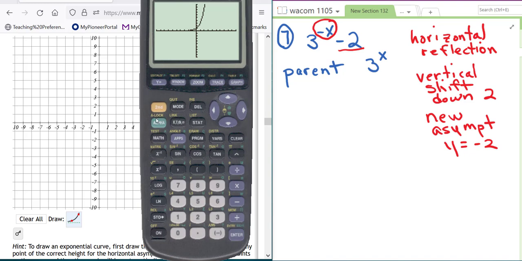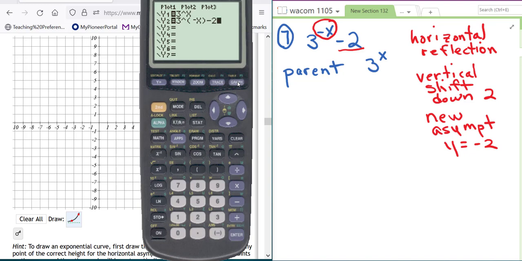All right, and we'll go back under y equals, and we're going to put in 3 to the, I'm going to use parentheses here. I'm a little conservative. I don't know that you have to with the negative x, but we want the whole thing to go. So we will use parentheses. Parentheses are your friend. And then you want a minus 2. And we will say graph.